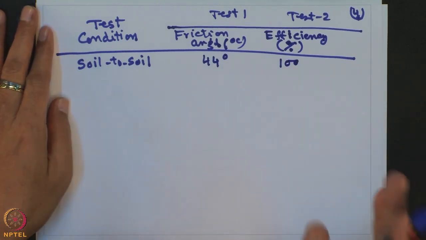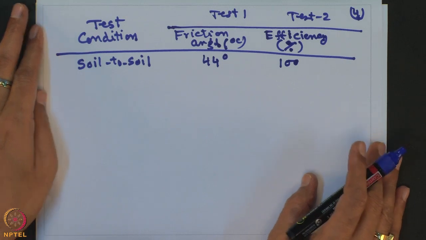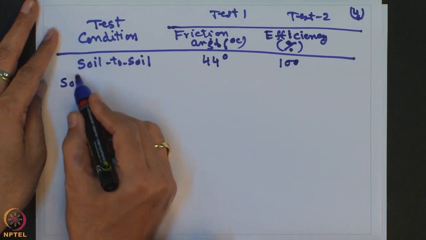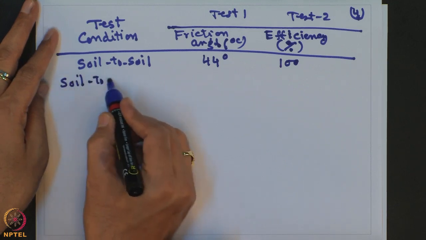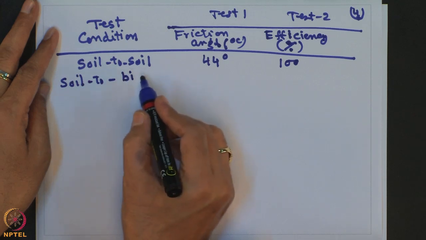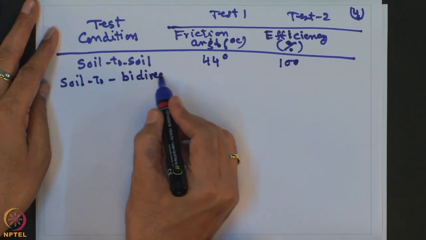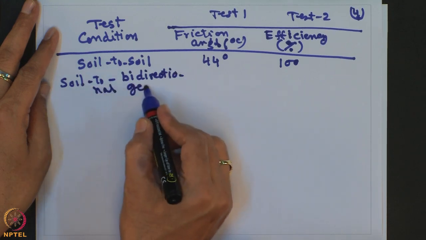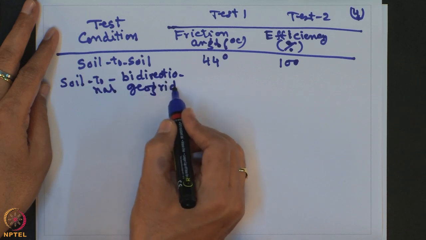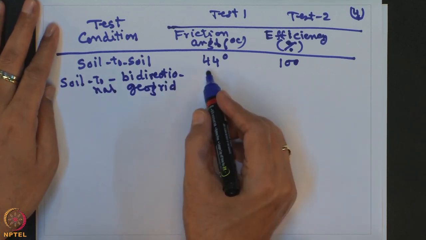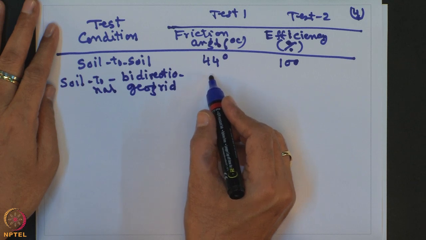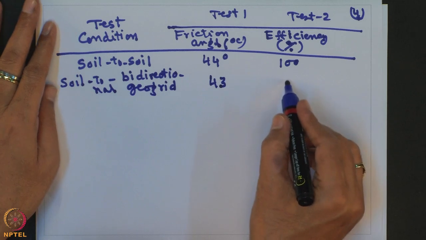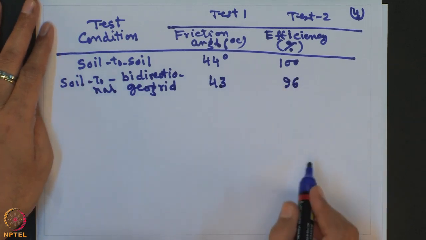So, there are different types of geogrid material. So, let us say soil to bidirectional geogrid material. So, the friction angle is 43 and efficiency is 96.